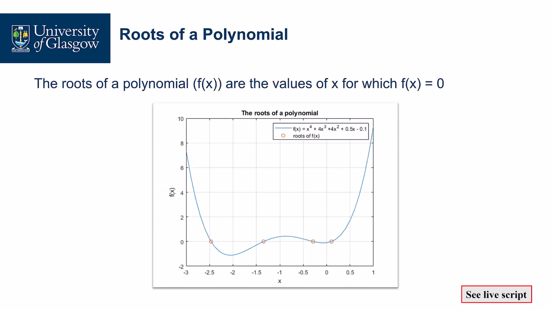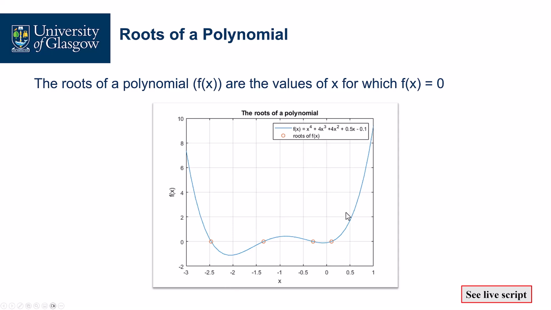So here I draw a polynomial in a certain area, x from -3 to +1. So what is this polynomial? It's x to the power of 4 plus 4x to the power of 3, and so on. So this is a polynomial in this region.